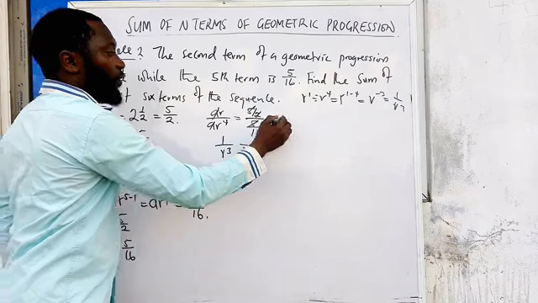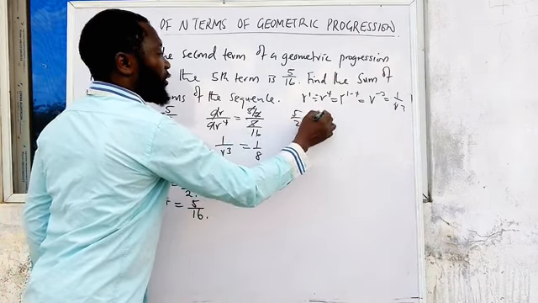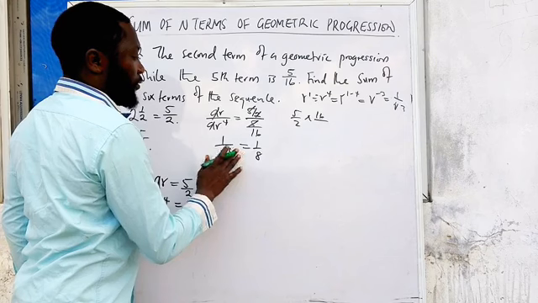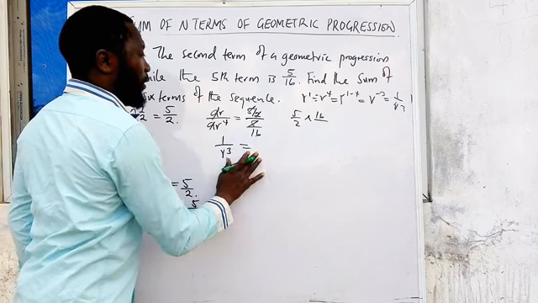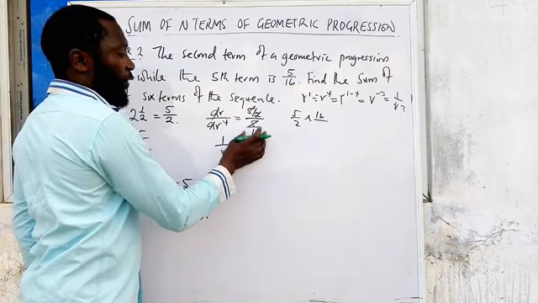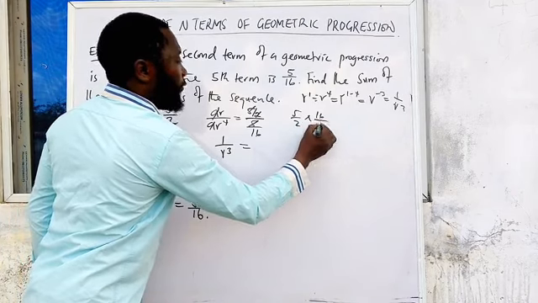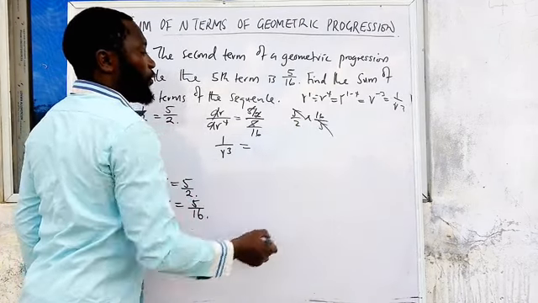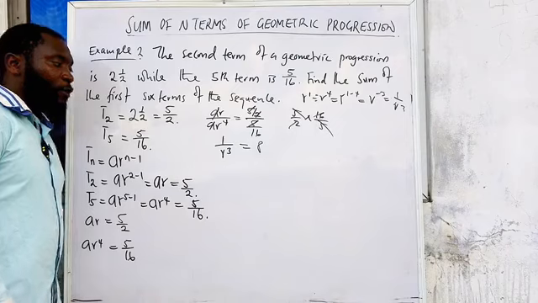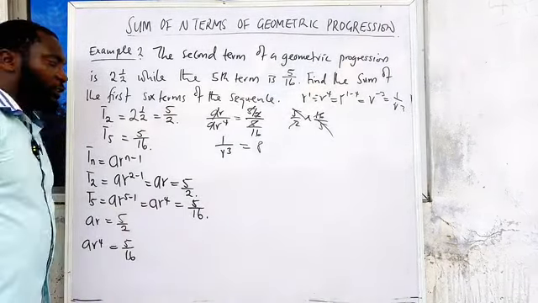Here also, 5/2 divided by 5/16, the 5 is gone and this is just 8. Meaning 1 over r to the power of 3 equals 8.